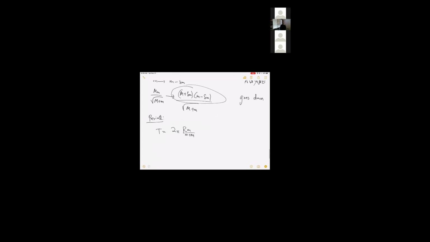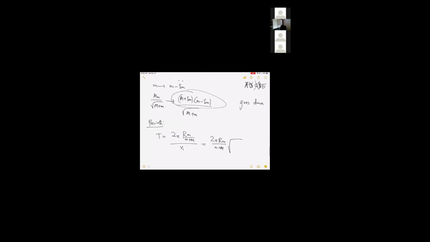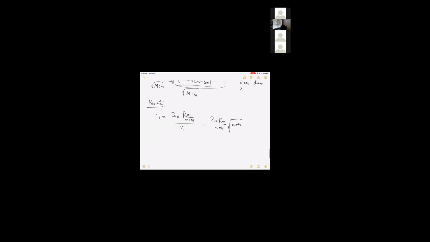This is the radius of orbit of the big mass, this is the speed of orbit of the big mass, and if we divide by V1, we get 2 pi root R cubed over G times M plus m.